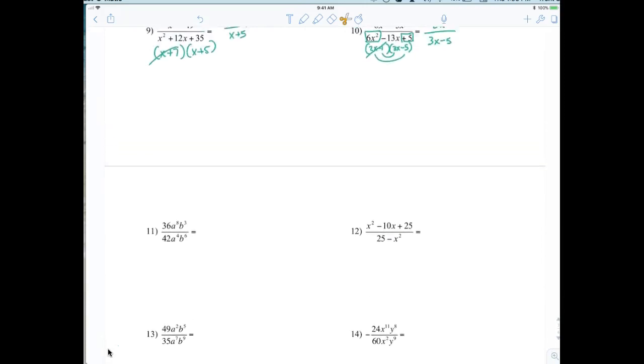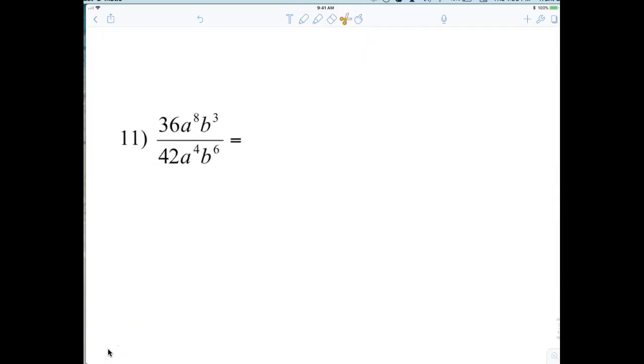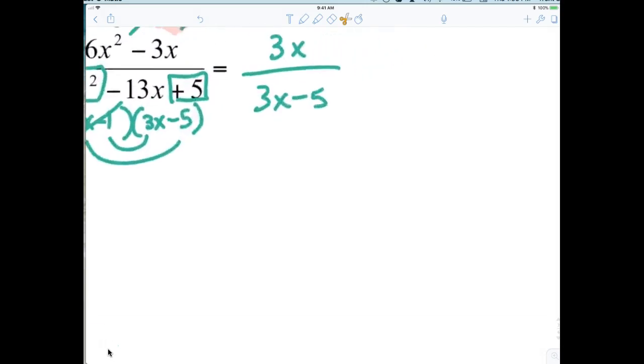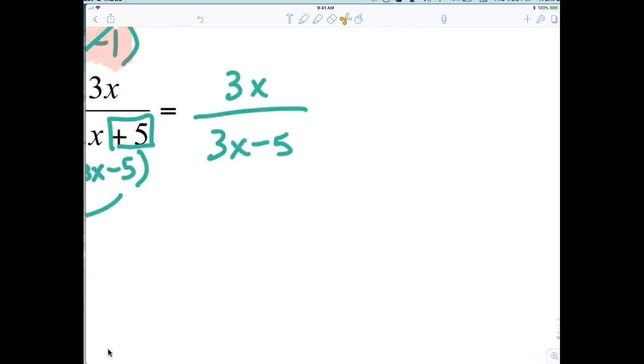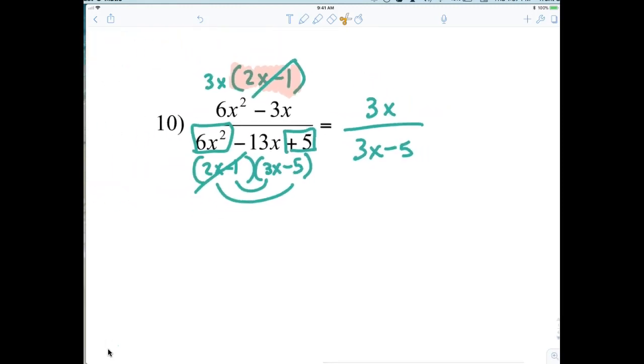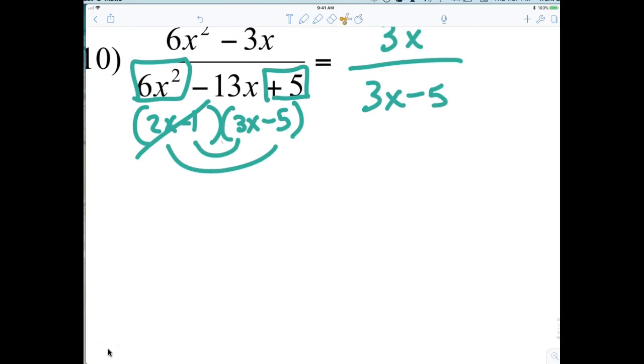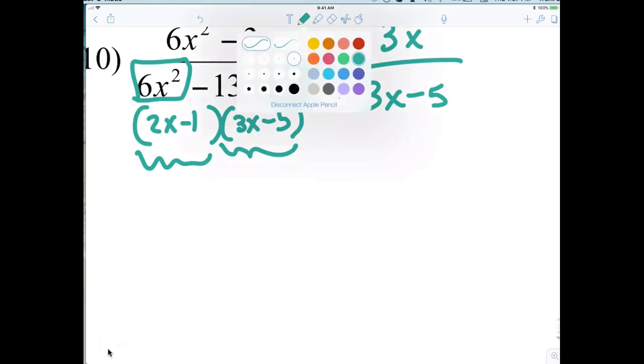11. No. Good question. The 3x, so what I want to do is I want to show you. You see how this quantity right here, let me make sure you understand me. These two quantities together are held together by multiplication.